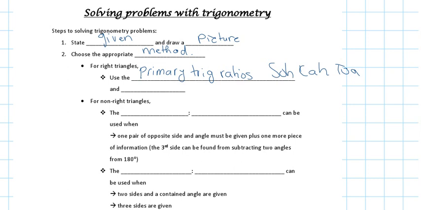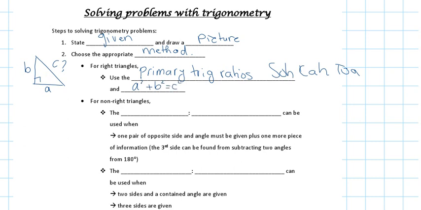When you have a right angle triangle and you're given sides A and B, and you're looking for side C, which is always the hypotenuse, what is it? A squared plus B squared equals C squared. That's right. Did we cover it at the beginning of this unit? Yes, last class.